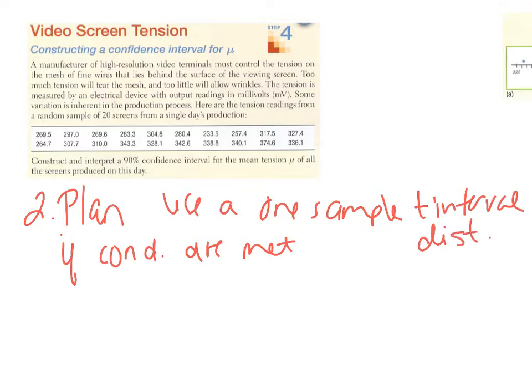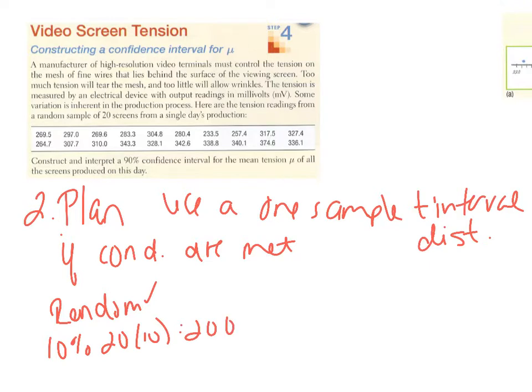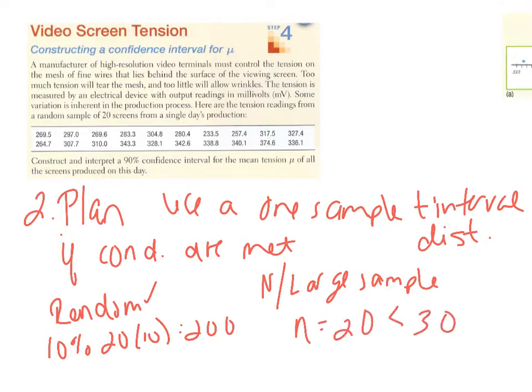If we check those conditions, it says it's a random sample, so we're met there. 10% condition, so assuming that they made more than 200 video screens that particular day. And then we need to check our normal large sample conditions. Well, we don't know our population distribution, and our sample size is 20, which is less than 30. So now I have to move on to that graph stage.